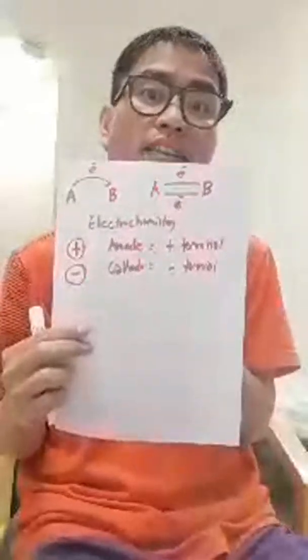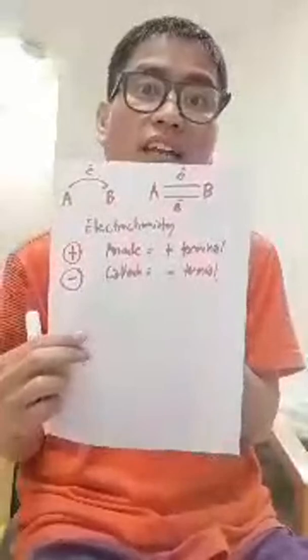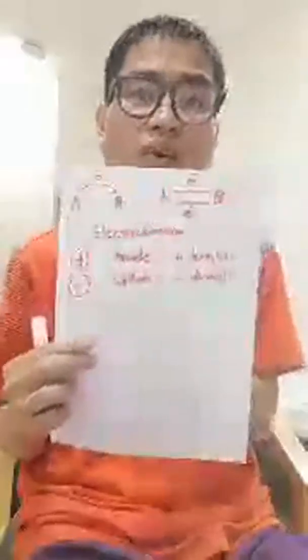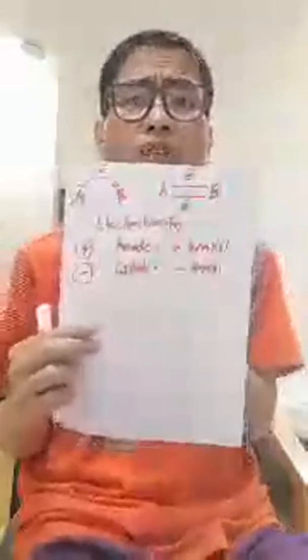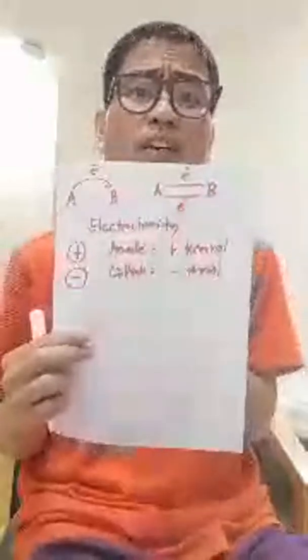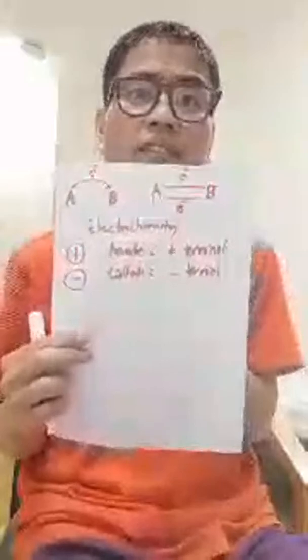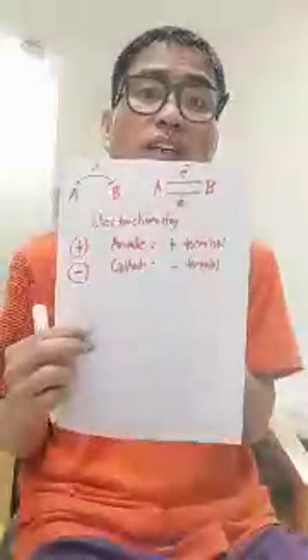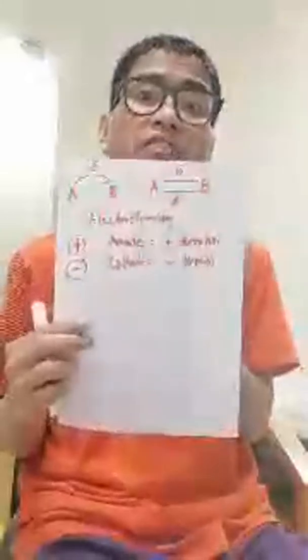So that is called a positive terminal. But by definition, it's the reverse, because the anode is composed of negatively charged particle ions, and the cathode is composed of positively charged ions. Know the difference.